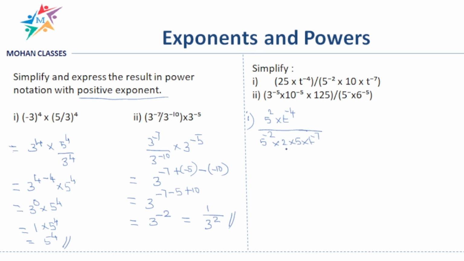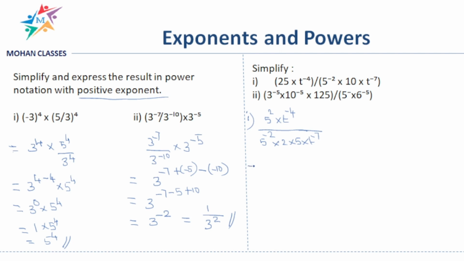Why have I made 10 into 2 into 5? Because in the numerator we don't have any 10 value, so we have to bring the constants into the bases we have in the numerator.